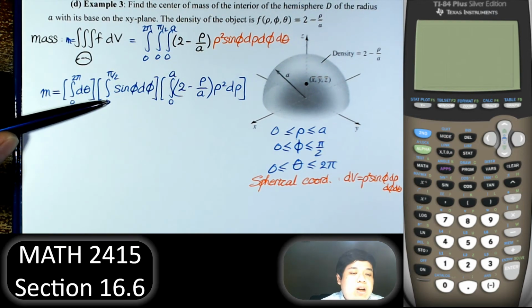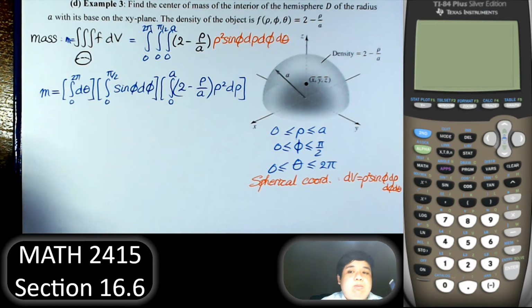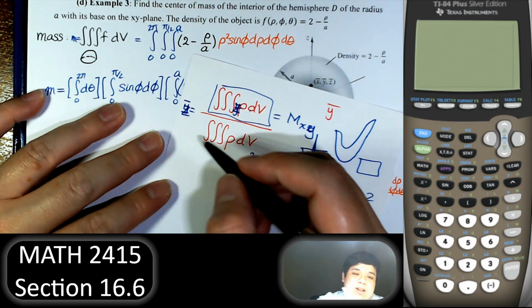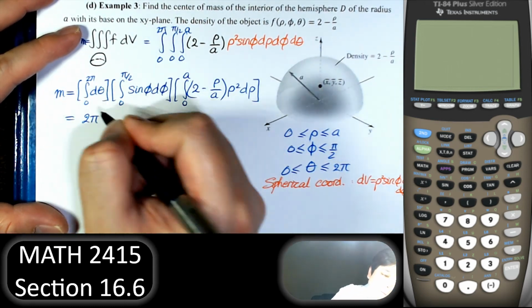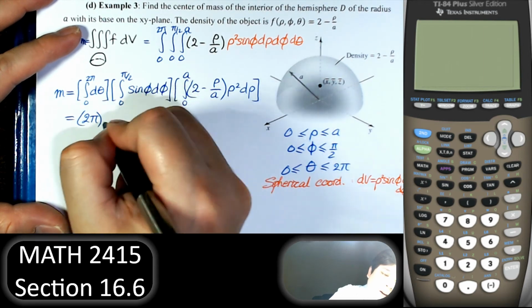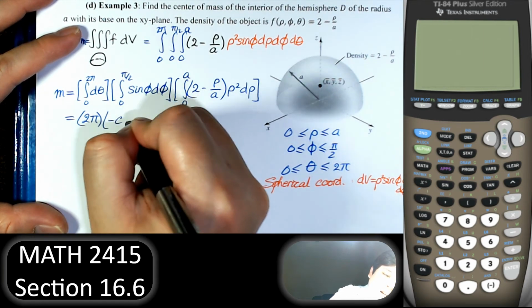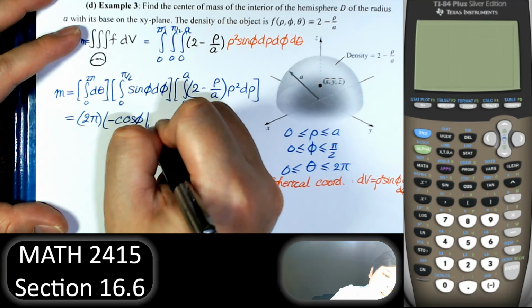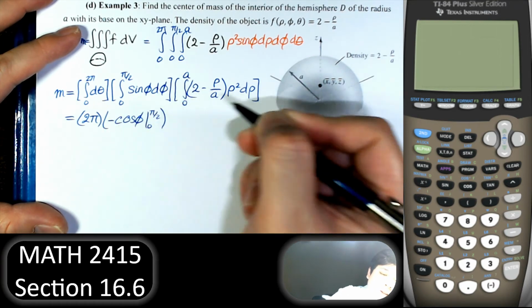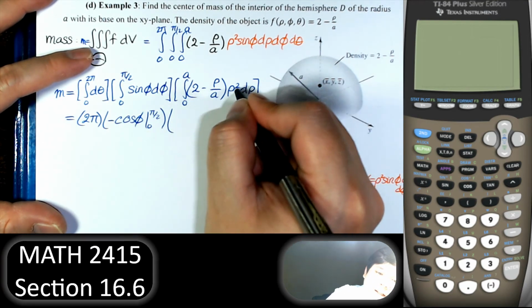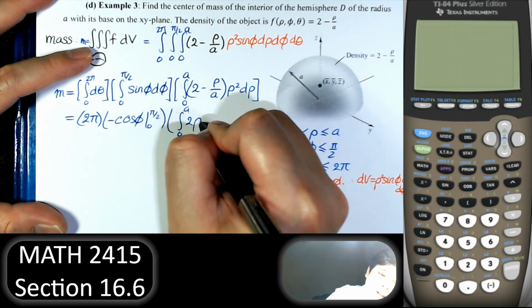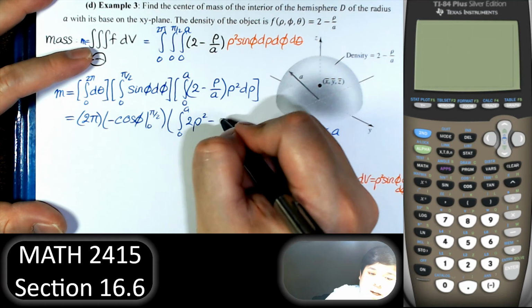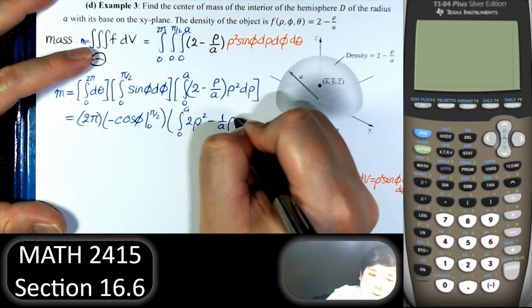Integral here is cosine, and let's see, just do that. So give us 2 pi for the first one. For here, integral cosine is negative cosine, and this multiply in sine, and then 1 over a rho cube.